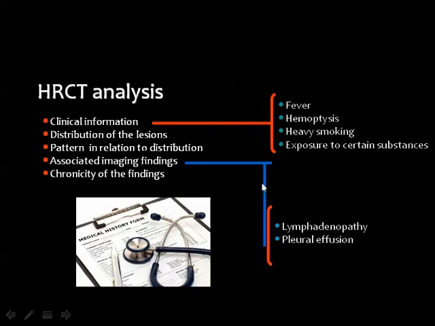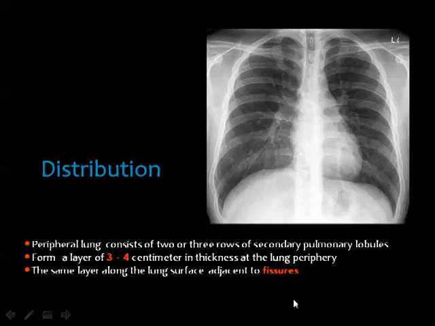This also will help in the differential diagnosis. And additional imaging findings: the presence of lymphadenopathy is important, and also the presence of pleural effusion is important. Then you should look for the chronicity of the findings. Is the presentation acute or long-standing?